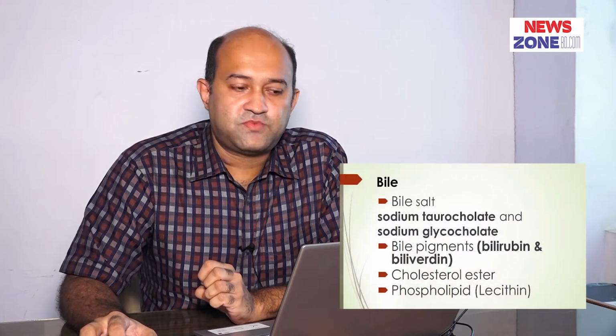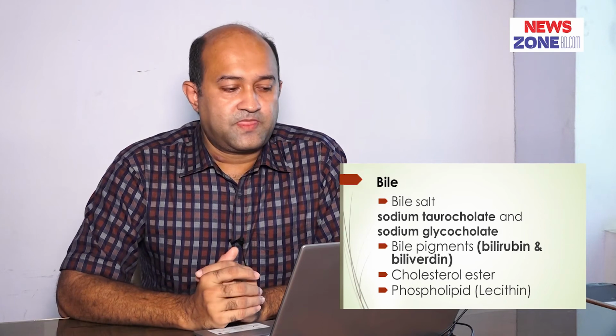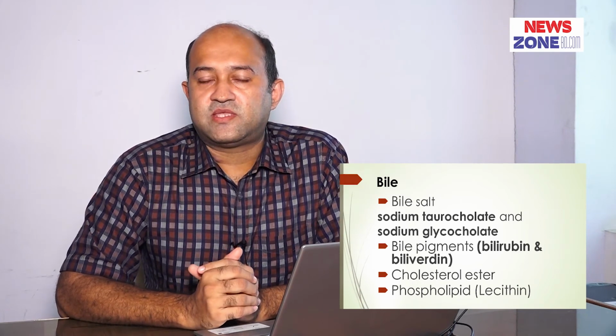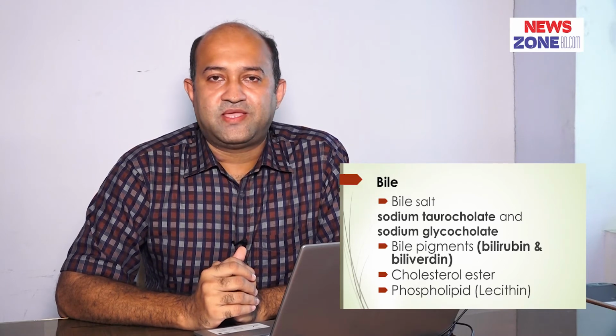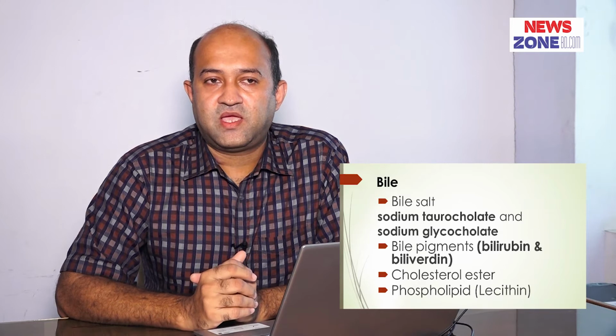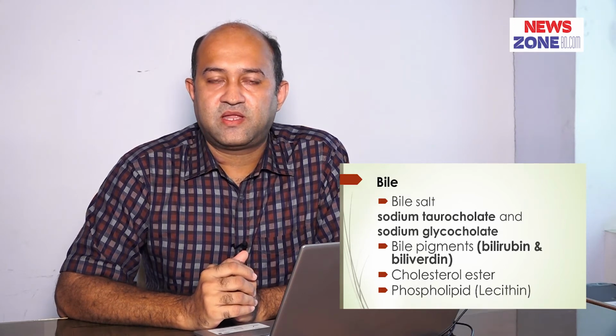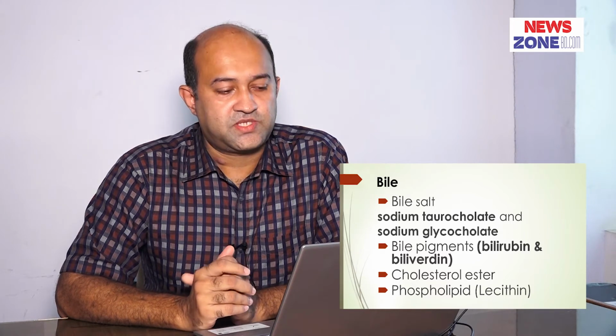So next is bile. Bile is a digestive juice which is secreted from the liver. Bile doesn't have any digestive enzyme, even though it is called a digestive juice, because it helps to emulsify fat, and it also helps to form micelles and helps the end products of lipid digestion cross the enterocytes.